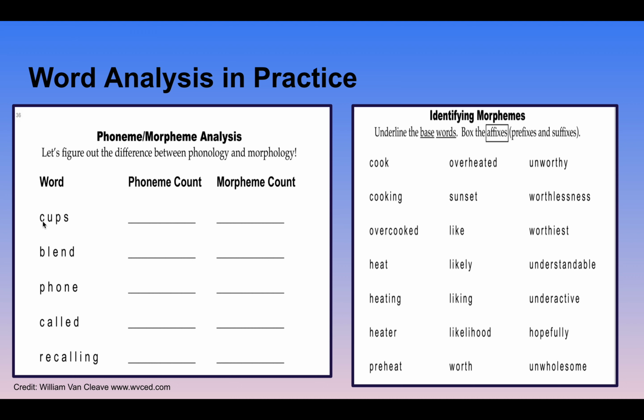So cups, k, u, p, s, 4 sounds. And how many morphemes? Well, cup is the base word, so there's 1, and then s is the suffix, so 2. So there's 4 sounds and 2 morphemes. And over here, identifying morphemes, you are underlining base words and trying to find affixes, both prefixes and suffixes.